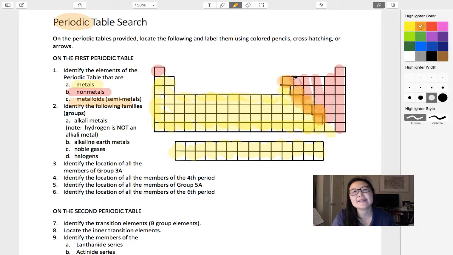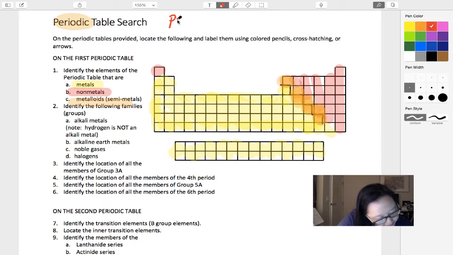So periodicity is referring to that repeating pattern that you go around, and around, and around, and these elements are similar to each other. So period is referring to the row. Let me write that down for you. Period is referring to the rows of the periodic table.